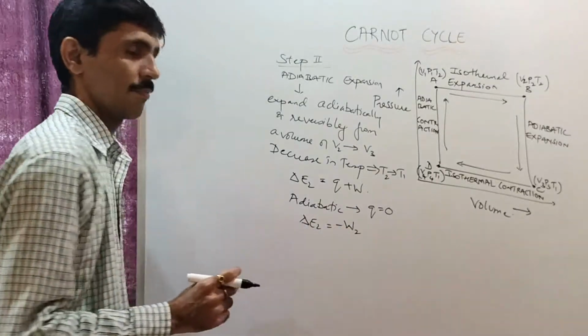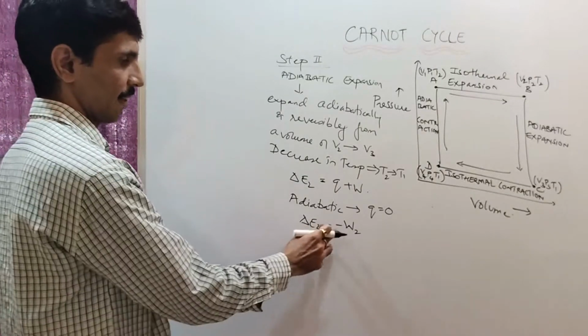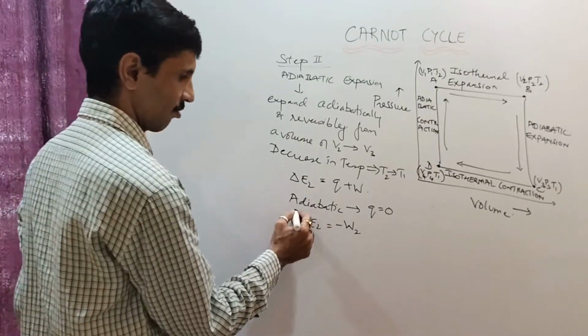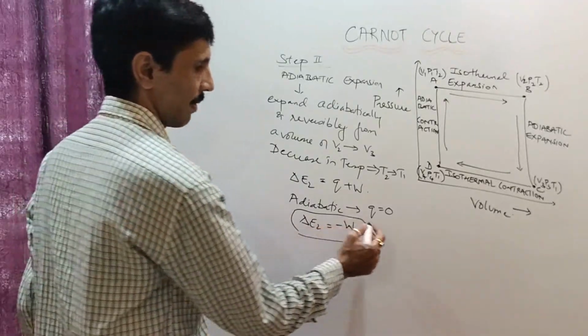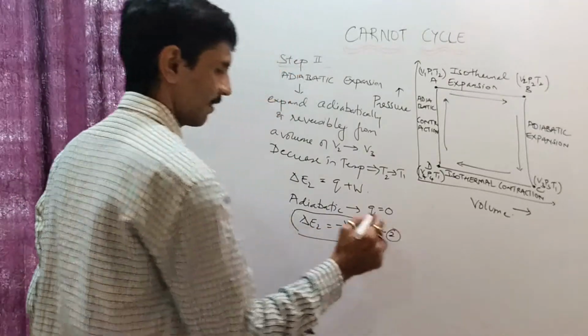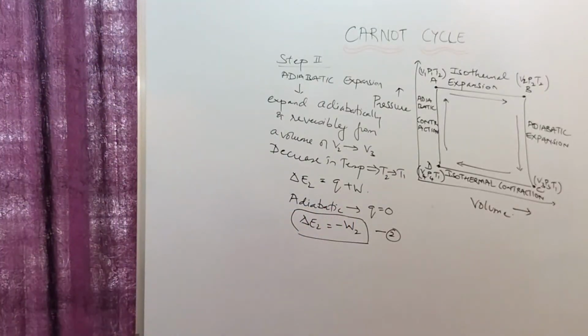The work is done by the system, so it has a negative sign. So we have delta E2 is equal to minus W2, and this is the second expression, of step number 2, adiabatic expansion. I hope you have understood up to this very well.